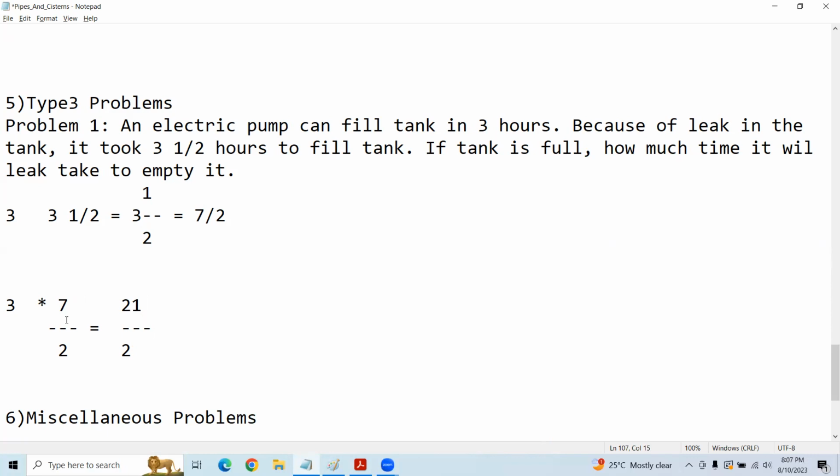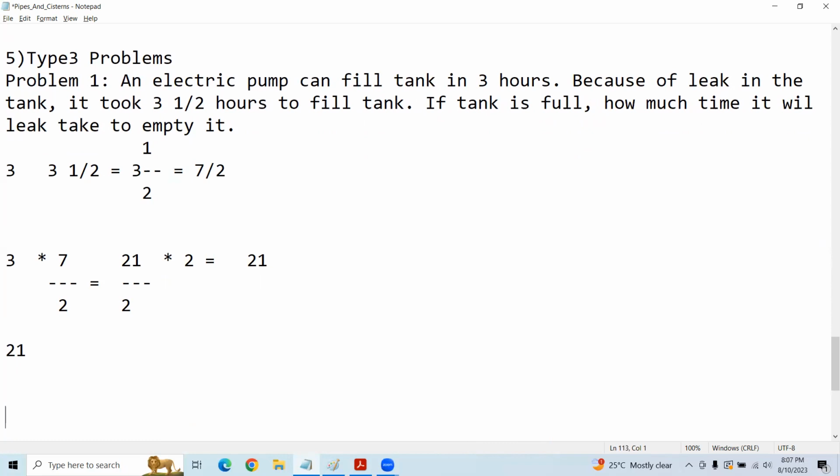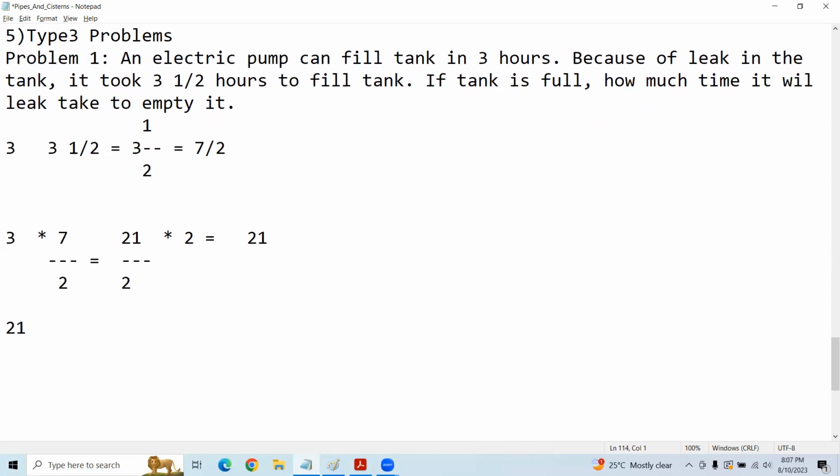But we cannot take this fraction as our LCM because it will be difficult for us to calculate the tank capacity if we keep it like this. So we multiply it by 2 so that our denominator gets cancelled and we get the answer as 21. So we can say 21 is the number which is completely divisible by 3 as well as 7/2. So our tank capacity is 21 liters.